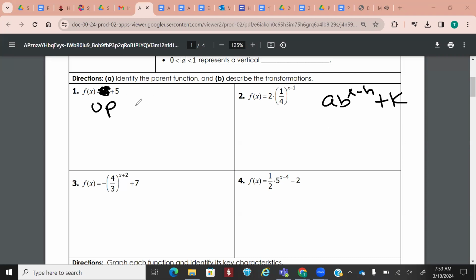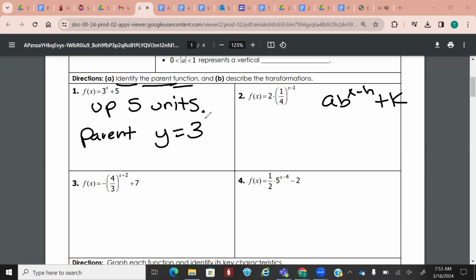It moves it up 5 units. Now, this question also asks us to identify the parent function. The parent function is what's underneath this little blob. So looking at this, our parent function is going to be y equals 3 raised to the x. Okay, your parent function is what is like the base.